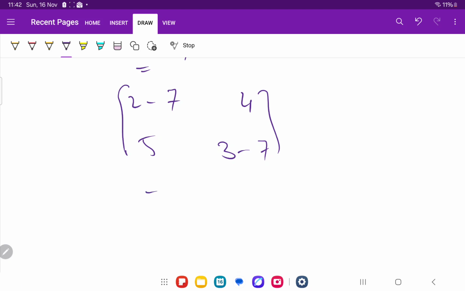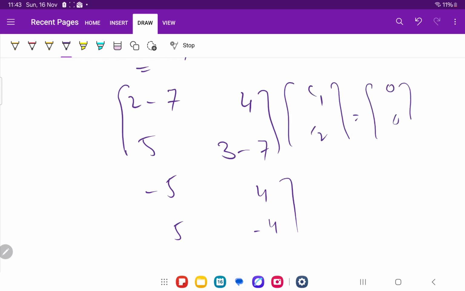So we are remaining with minus 4, 4, 5 and minus 5? Yes. 2 minus 7 is minus 5. And here we got minus 4. Okay? C1, C2 equal to 0, 0.